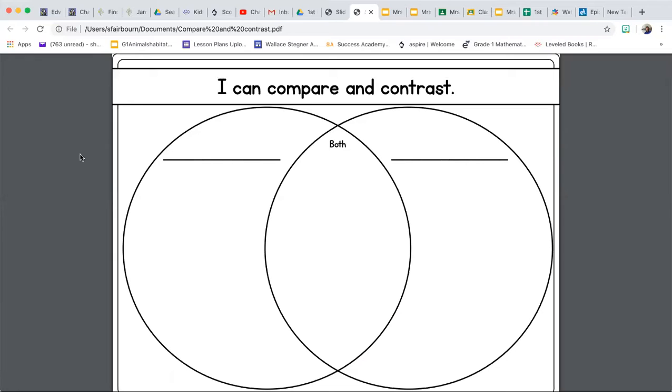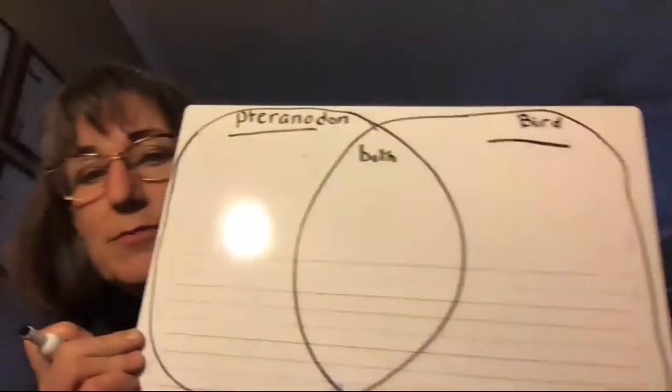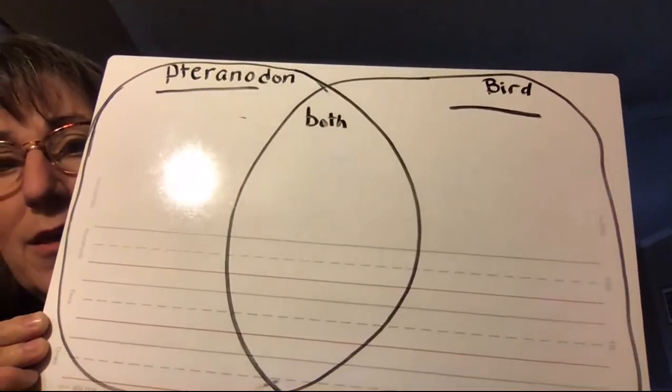You can use the one I put on there if you have a printer, but if you don't, just take a blank piece of paper and have your mom or dad help you draw two big circles and put a title for the top one and a title for the other circle, and then right in the middle, you get to write the word both. Let me show you what mine looks like. So here's mine, and I'll tell you about the word that I have up there in just a second.